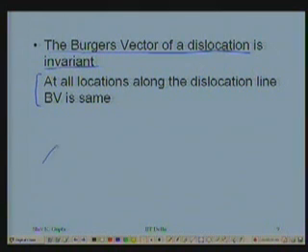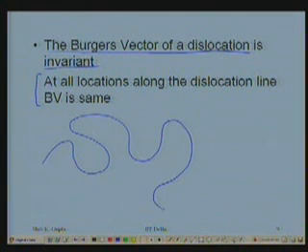So let us say I have a dislocation line going like this. Let's define the T vector in this manner. It will be going like this, the T vector.